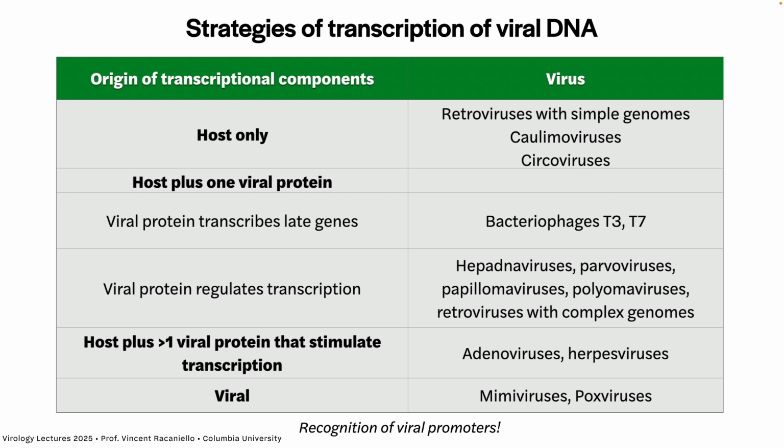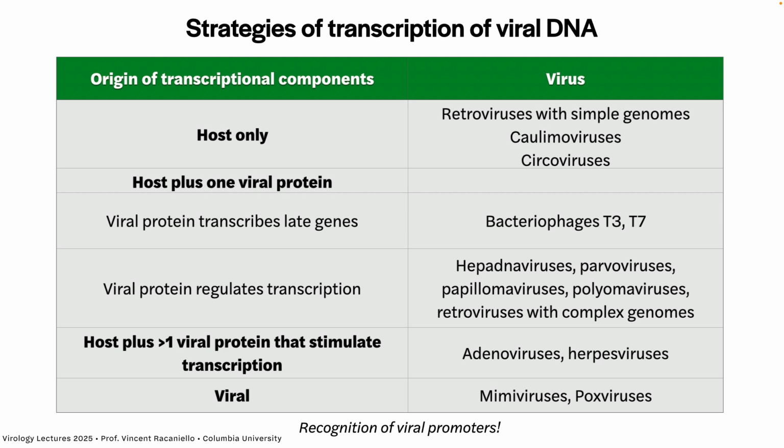And then these viruses here make a viral protein that regulates transcription: adenoviruses, papillomas, polyomas, retroviruses, et cetera. And then there's host plus more than one viral protein that stimulate transcription. So adenos and herpes make more than one viral protein that get involved in transcription. We'll see an example of that.